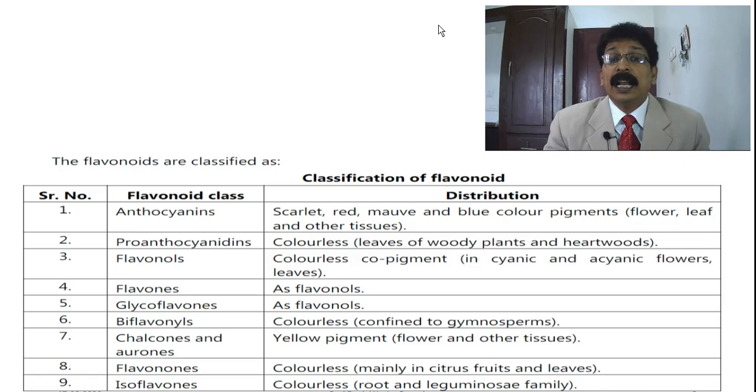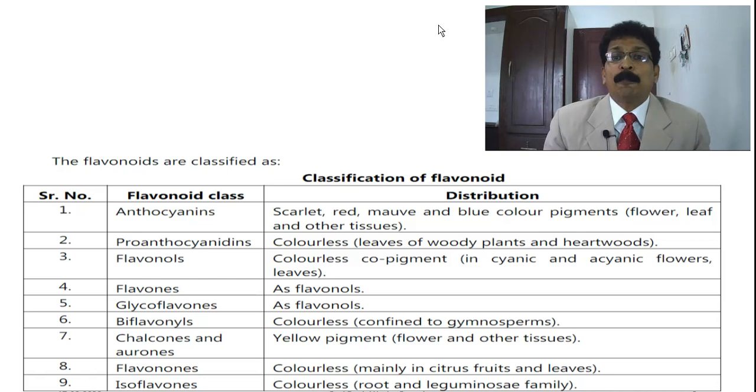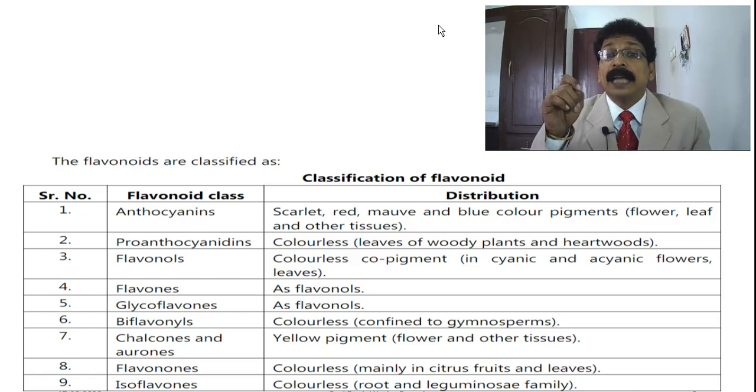Proanthocyanidins are colorless, present in leaves, woody plants and heartwoods. And flavonols are colorless, co-pigments in cyanic and acyanic flowers and leaves.